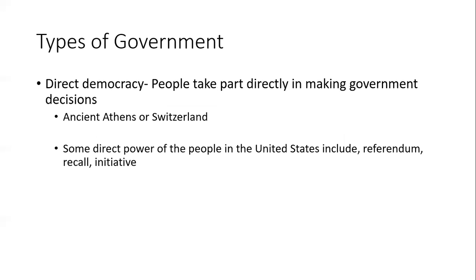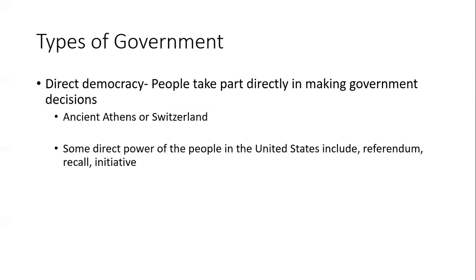Okay, direct democracies are different than representative democracies. Representative democracies means that we elect people to go to Washington and act on our behalf. Direct democracy basically means that people take part in every decision made in the government. Today, governments are too complex for direct democracies to actually take place.